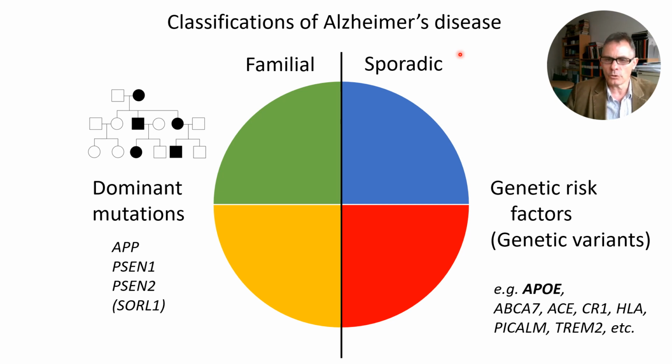Now, the best known gene in which a risk variant occurs is the ApoE gene, and I'm sure we'll have opportunity to talk about that in later videos because it's a very interesting gene. But there are a large number of other genes, only a few of which I've listed here, which have been found to be involved in your risk of Alzheimer's disease.